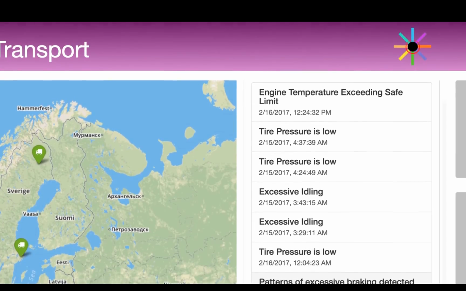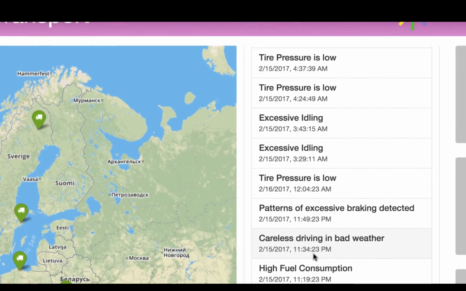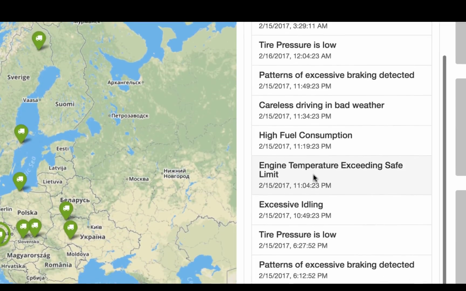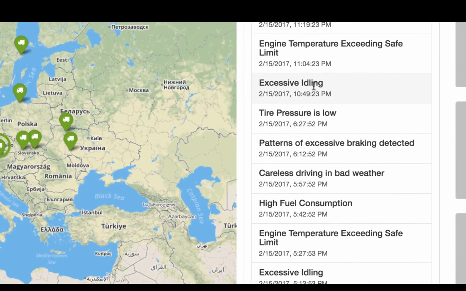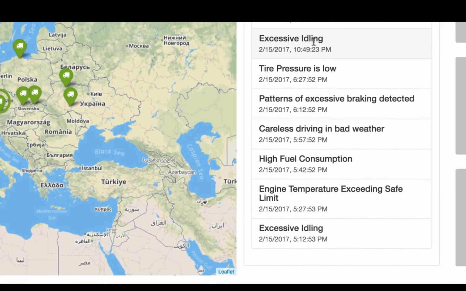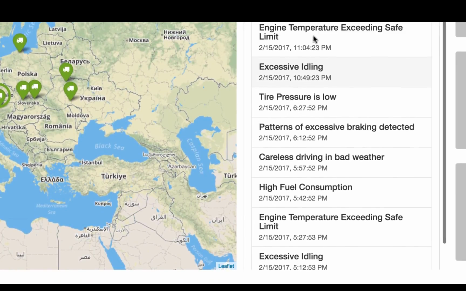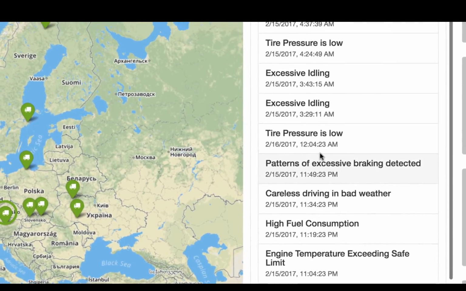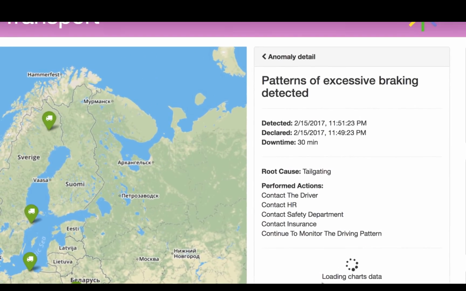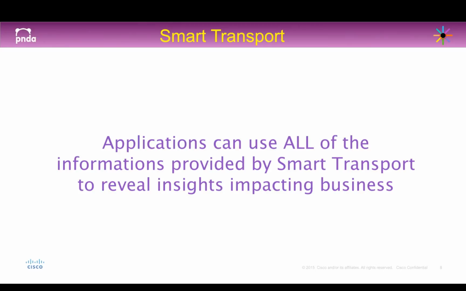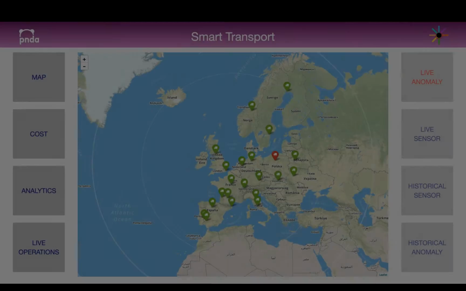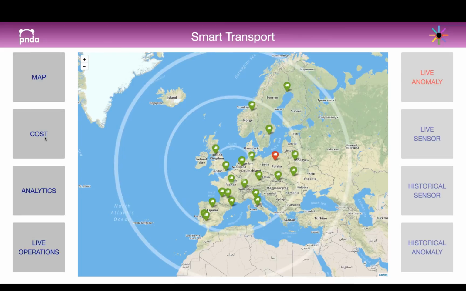Here's another one, the set of historical anomalies, and this might be something that applications would use to figure out issues that portend a possible problem and then perhaps avoid a costly recall, or maybe a way of improving fuel efficiency. All right, we can pretty much use all of the information to reveal insights that impact business.